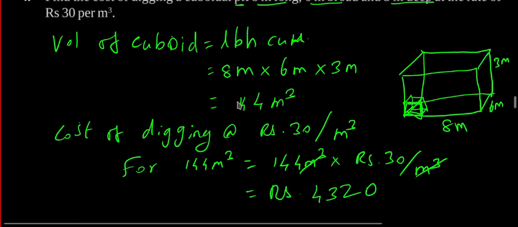So how many cubic meters do we have now? 144 cubic meter. When we multiply all these, we are getting 144 meter cube. So for 144 meter cube, how much money do we have to pay? So, 144 meter cube into rupees 30 per meter cube. This is the amount we need to pay.